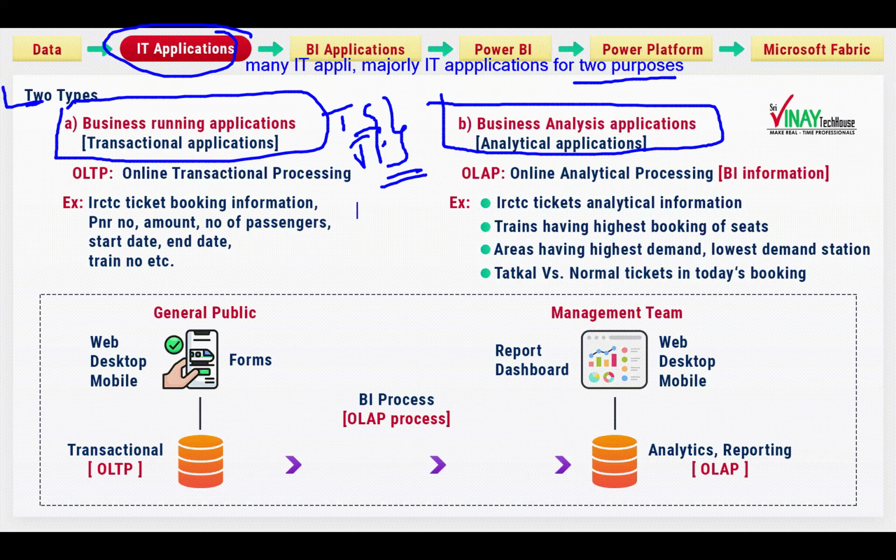You book a movie ticket, what is the result at the end? You book a train ticket, what is the result at the end? You send money through Paytm, PhonePe, Google Pay, what is the result at the end? Transaction successful, and this is a transaction ID. So these kinds of applications are called transactional applications.